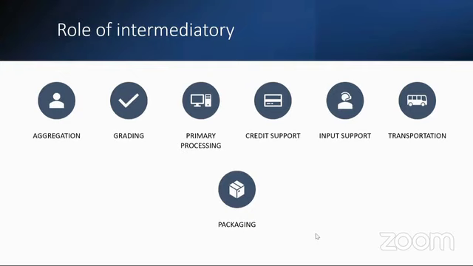Now, usually an intermediary plays roles like aggregation of the produce. They also do grading of the produce at their level. Some of them also undertake primary processing, for example dal and things like that. And the most important role is that a lot of them provide credit support.